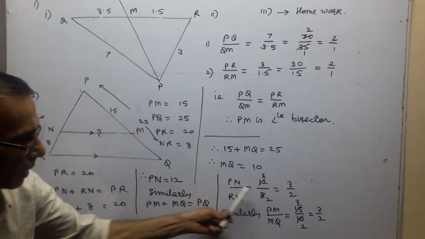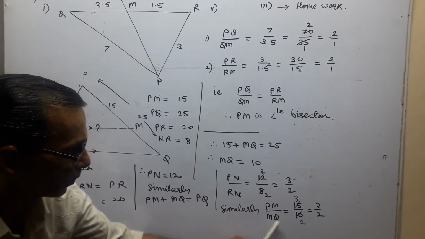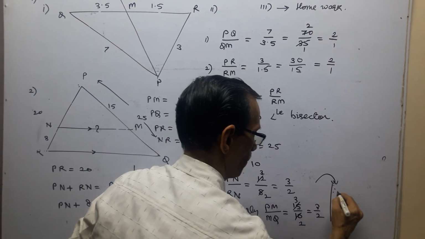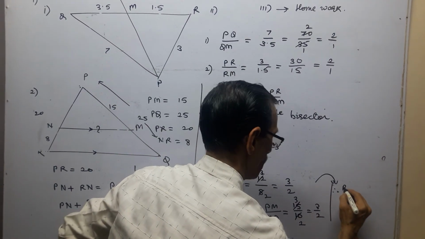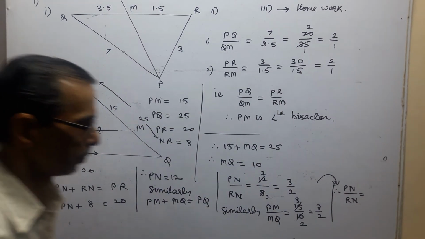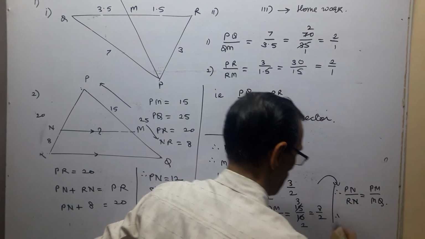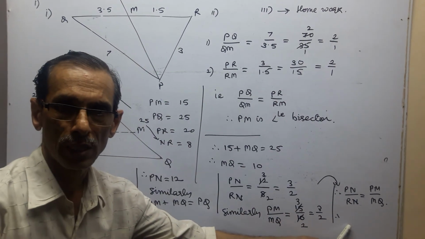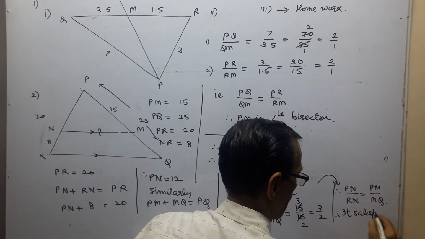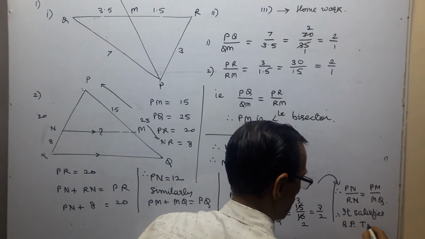So you find that PN upon RN is 3 upon 2, and PM upon MQ is also 3 upon 2, and therefore PN upon RN is equal to PM upon MQ, and therefore it satisfies the BPT theorem.